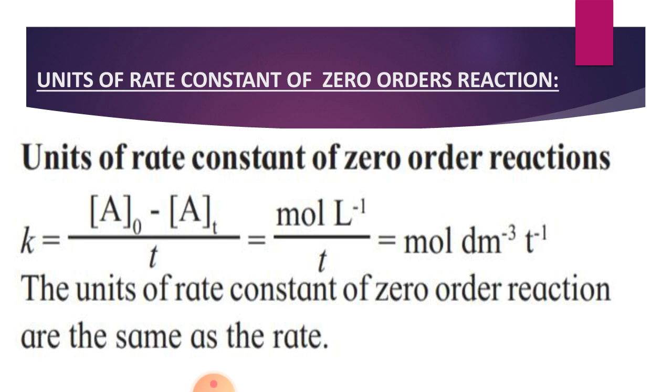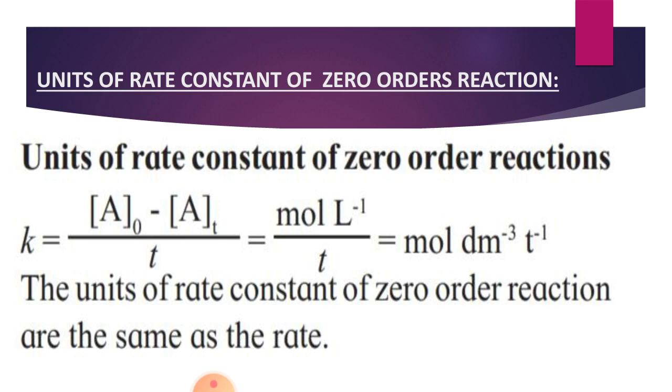The unit of concentration is mole per liter. If we replace liter, it will be dm3. These are the two units of K of zero order reaction. Upon t is there, so we are taking it t.